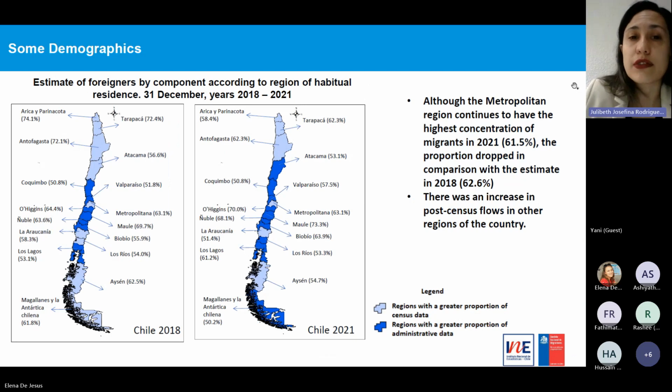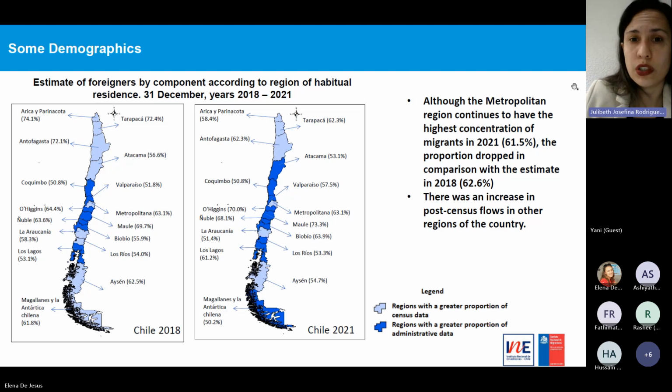As for regional habitual residence, although the majority of migrants continue to be concentrated in the metropolitan region and in the north of the country, the information from administrative records shows an increase in the proportion of migrants in regions of the center and south of the country. In the map, the regions in light blue represent those where the census information has the greater proportion of the estimated total, while the regions painted in dark blue are those where the post-census records have a greater proportion of information.